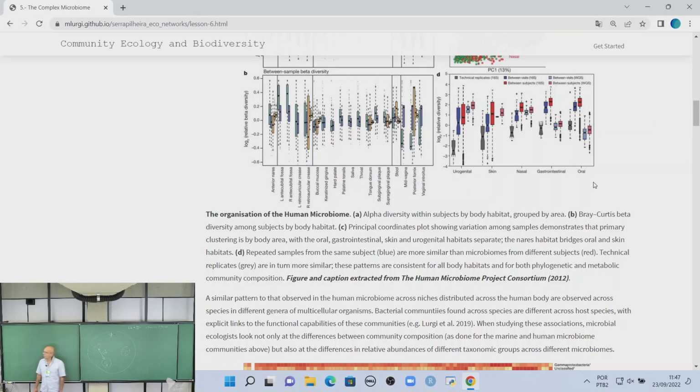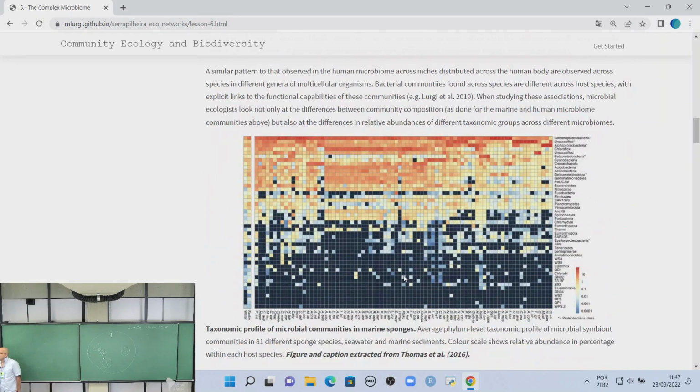So if you want to look at these things, one thing you can do is to look at the differences in the taxonomic compositions of the different, in this case, host species. So when looking at the bacterial communities within specific species of multicellular organisms, you can try to analyze which bacterial phyla, on the y-axis, are more abundant in which of the hosts, right?